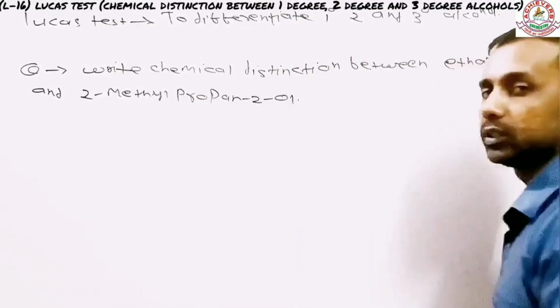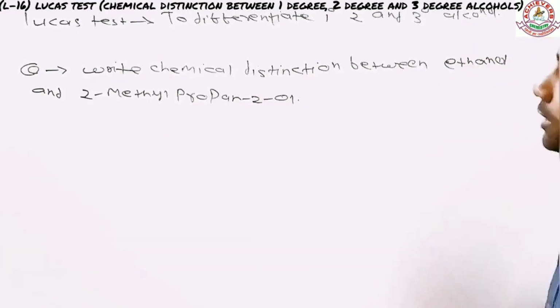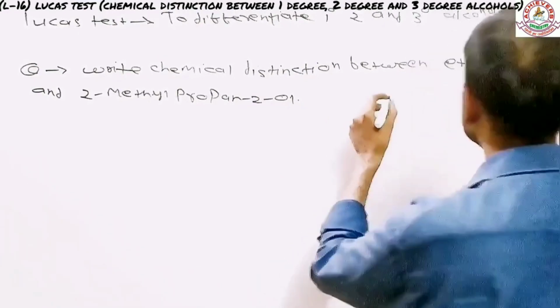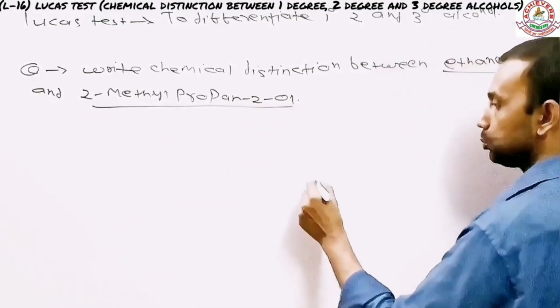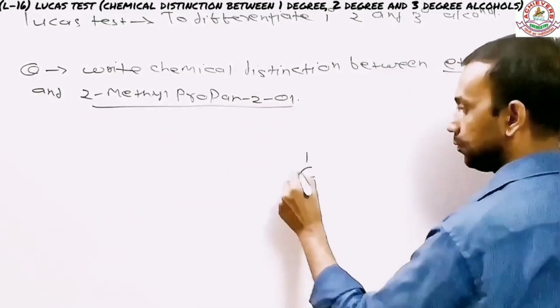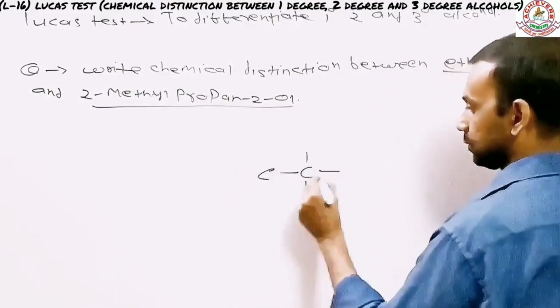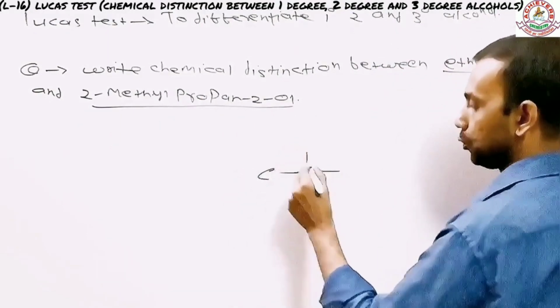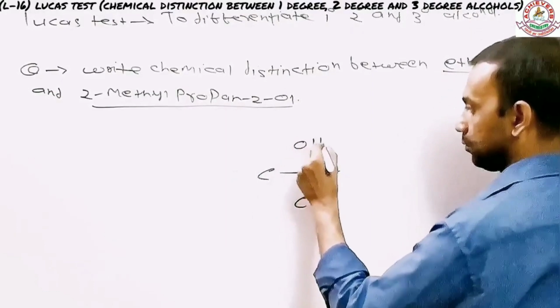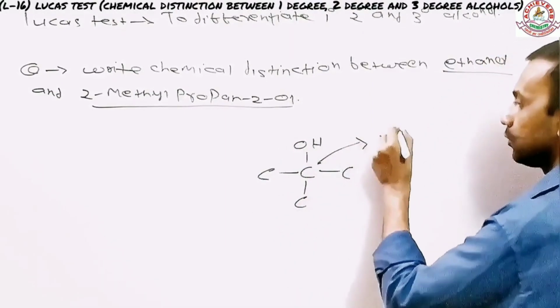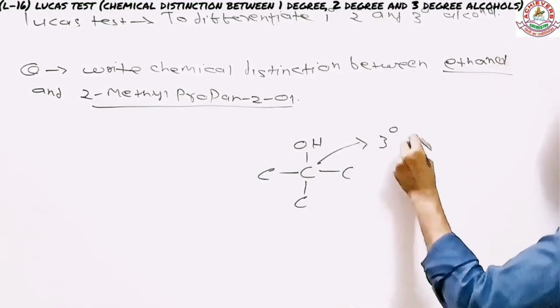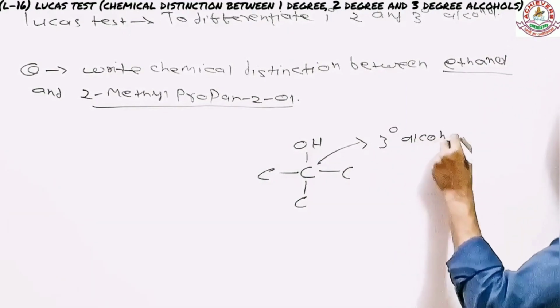So this might be a question in your exam. Let me explain every bit of that. First we have ethanol here, and second we have 2-methyl propane-2-ol, which is going to be like this. This is a 3 degree alcohol, right?